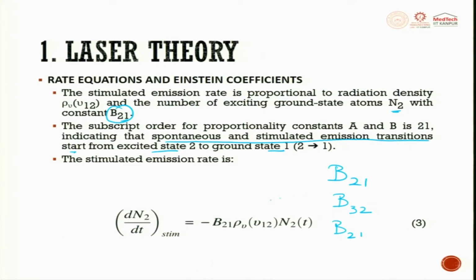Basically, you will have E3, E2 and E1. From E3 it goes to E2, from E2 it goes to E1. So, here there will be emission, and here there will be emission. That is why I am particularly saying 2:1. The stimulated emission rate is given by this equation.